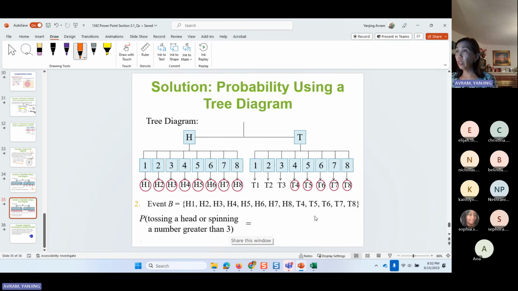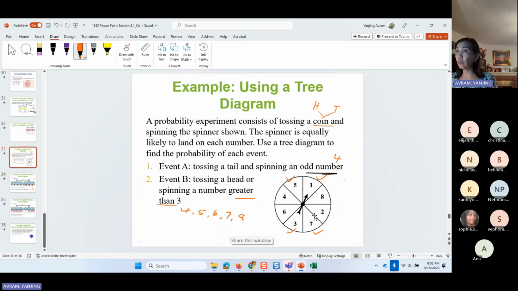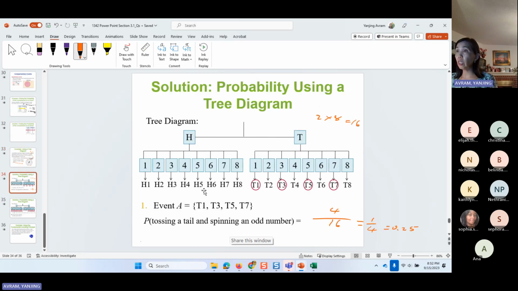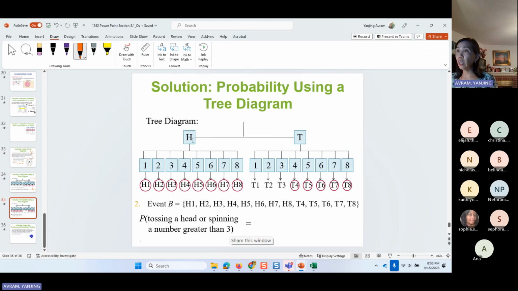All right, the second one is tossing a head or spinning a number greater than 3. Tossing a head, everyone here already has a head, so you have 8 different outcomes, or a number greater than 3, so we have 4, 5, 6, 7, and 8. That is 8 plus 5, which is 13 outcomes.